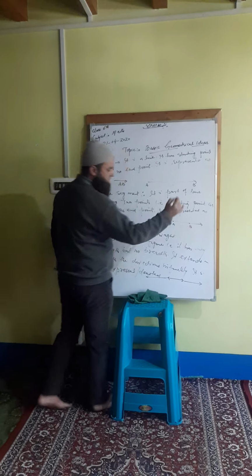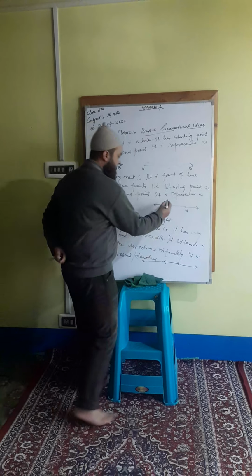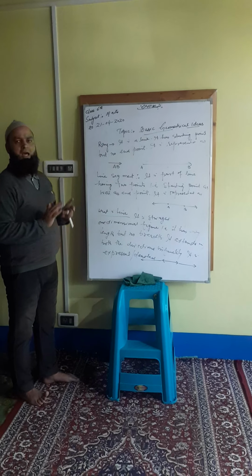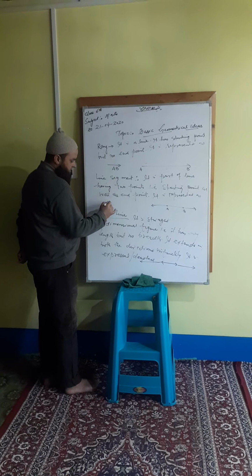We mark 2 points A and B on a line. This A and B portion of the line is line segment AB.